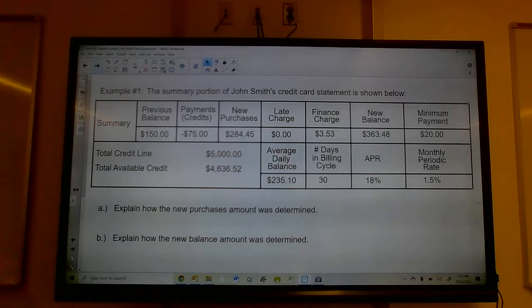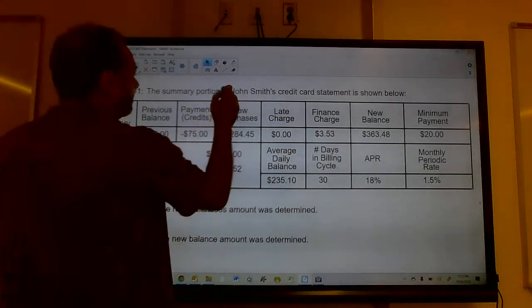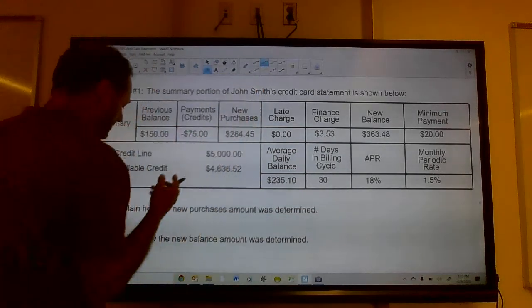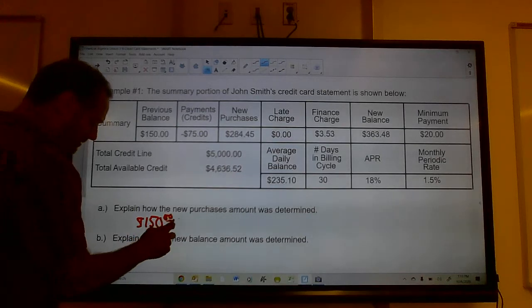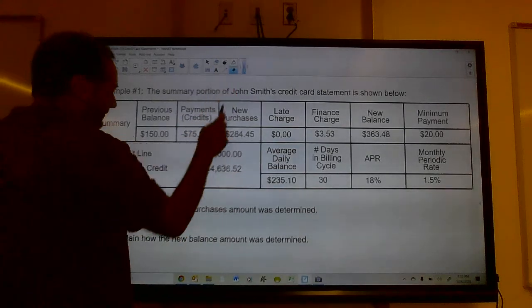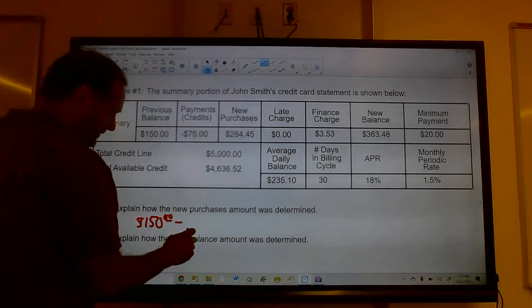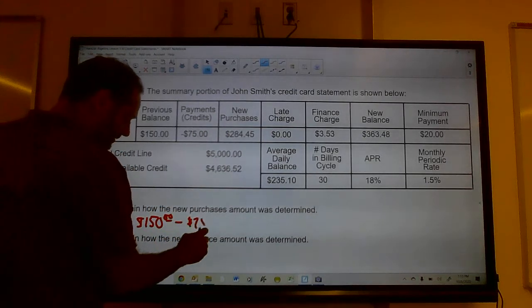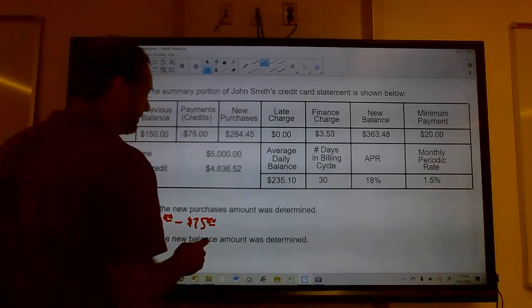Okay, so the summary portion of John Smith's credit card is shown below. Explain how the new purchases amount was determined. So we just kind of went through that. So they took the previous balance, $150, minus the credits, so minus $75. Okay, so that's $75.